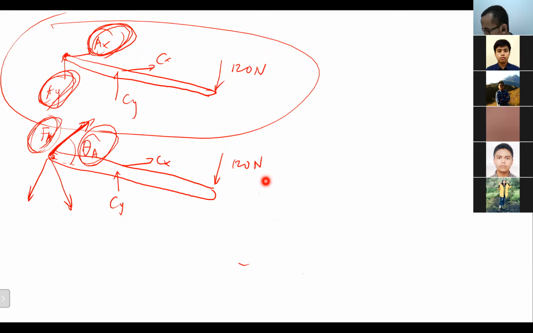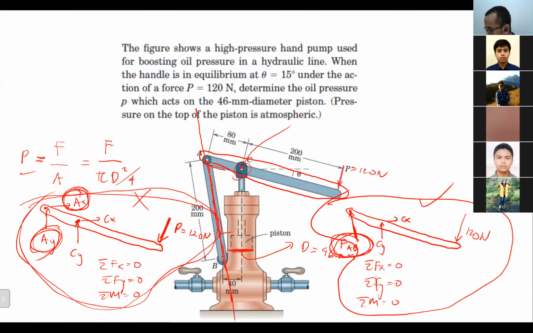But if we do it like this, the one on the right, the magnitude is not yet known, but the direction is already known. The theta there is known. How can we know the theta? Because we know that this is a two force member with a certain angle here.